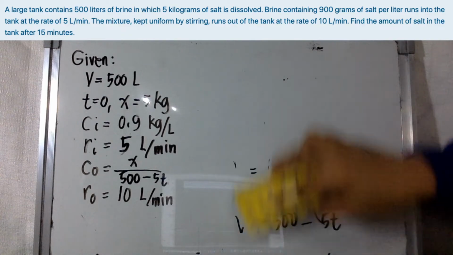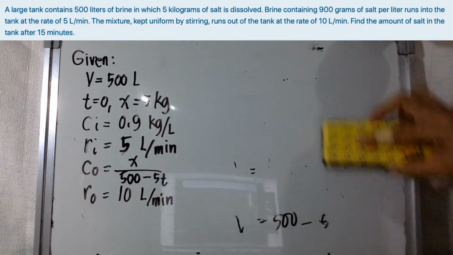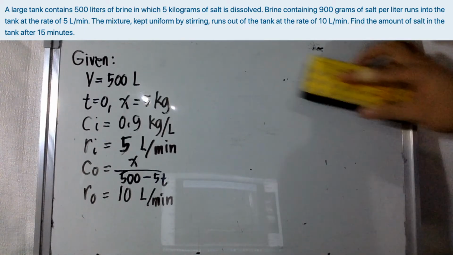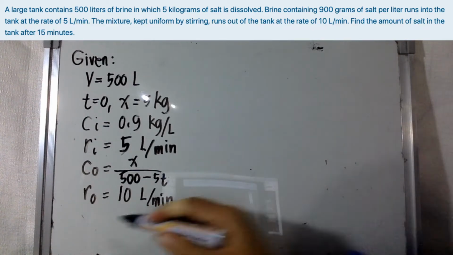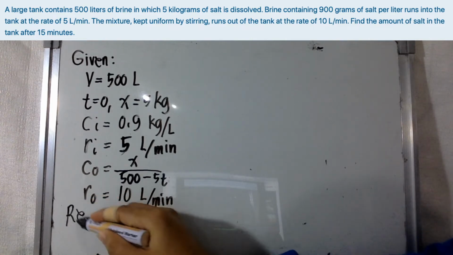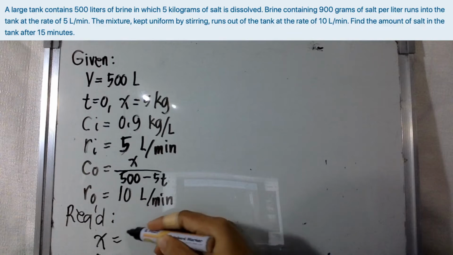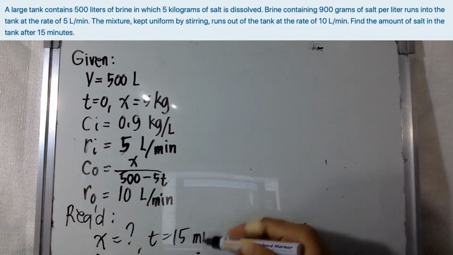Now we are asked to solve for the amount of the salt in the tank after, what's the time here? 15 minutes. Of course we should write what is required. So it's the amount x after 15 minutes.